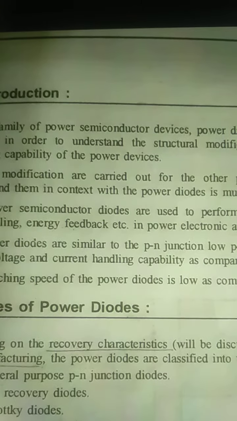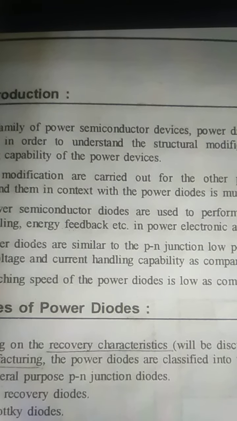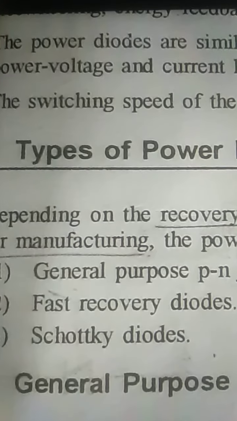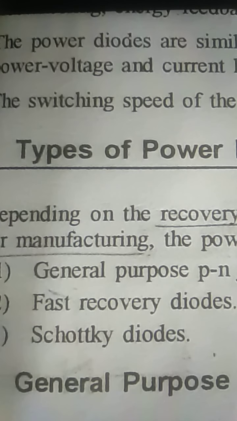When you turn off the supply, the current should go to zero in 0 seconds. According to this time, this is called the reverse recovery time. So the general purpose PN junction power diode responds slowly.